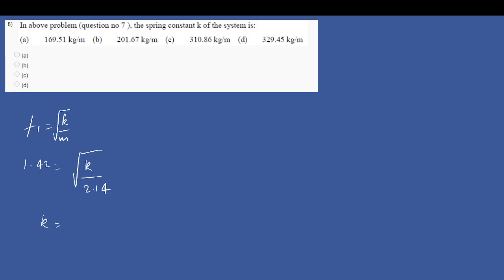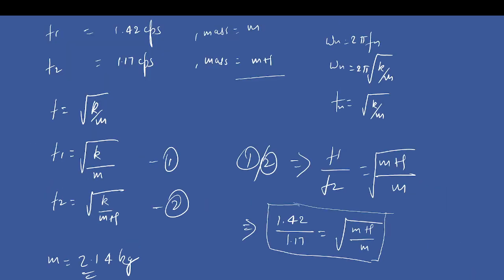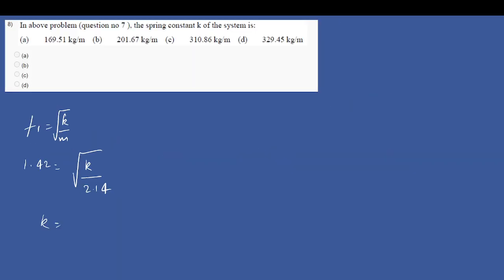You are getting the answer with 1.42 square. So it's cycles per second, and here it will come out as kg per meter.